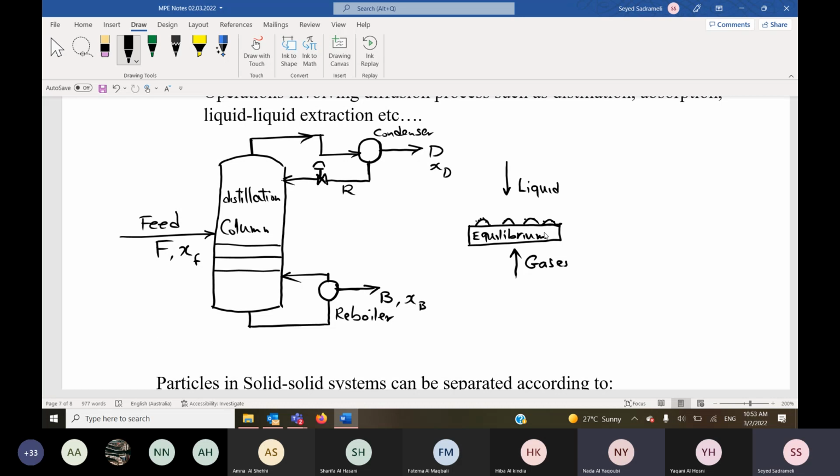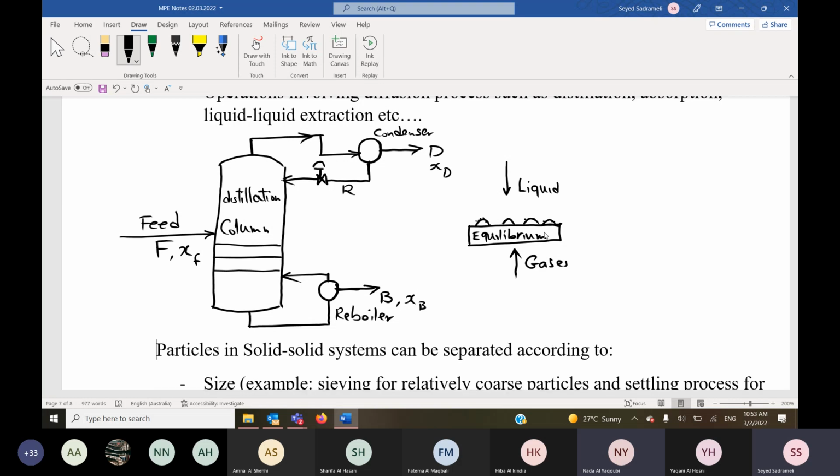Then each tray performs the separation between the components of the feed mixture. So this is a type of equilibrium-based separation.